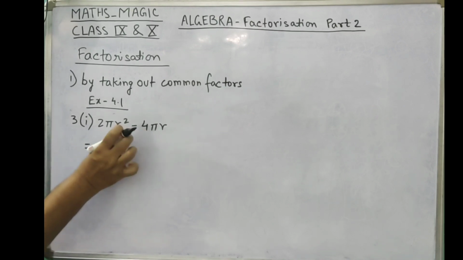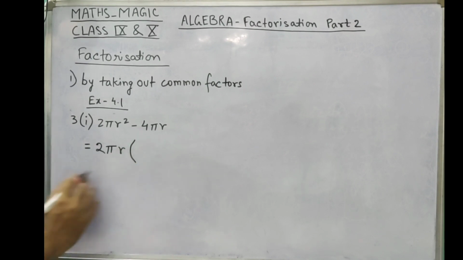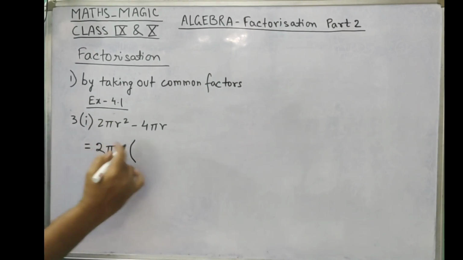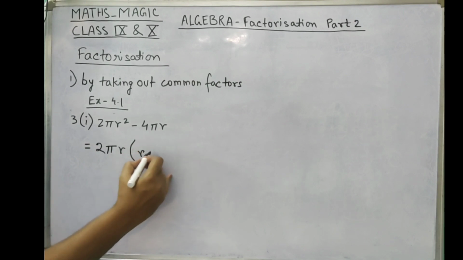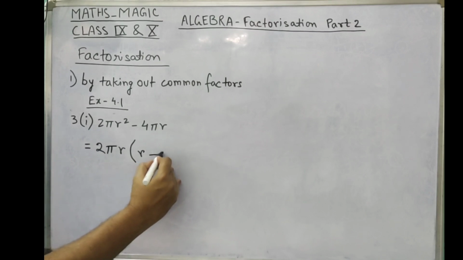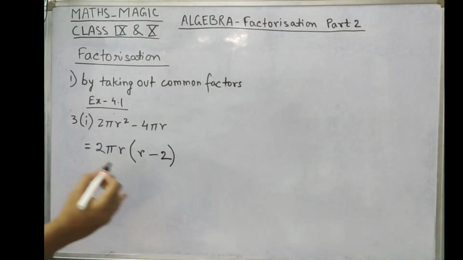There are 2 r here and 1 single r here, so I'll just take one of them. So this one divided by this, I'll be left with only single r, minus sign. 4 divided by 2 is 2, pi r divided by pi r is 1, nothing is left. This is my answer.